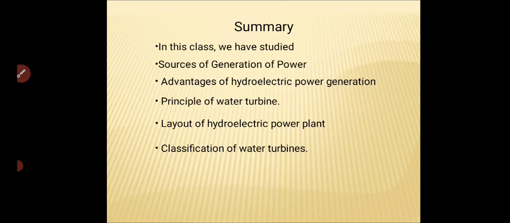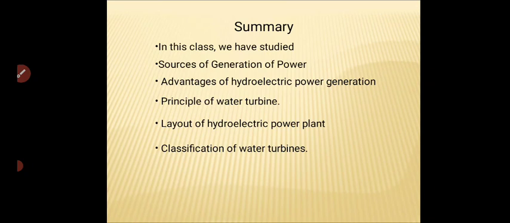Once again I am repeating this, the disadvantages of hydroelectric power plant. There are fewer disadvantages, only two. The first one is the installation or initial cost is very high.